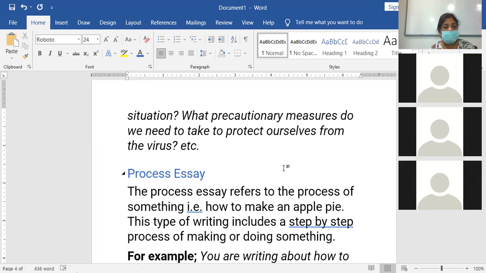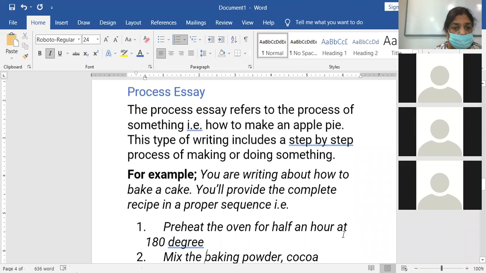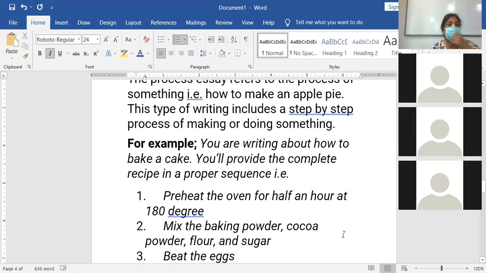This type of writing includes a step-by-step process of making or doing something. For example, you're writing about how to bake a cake. You will provide the complete recipe in a proper sequence.